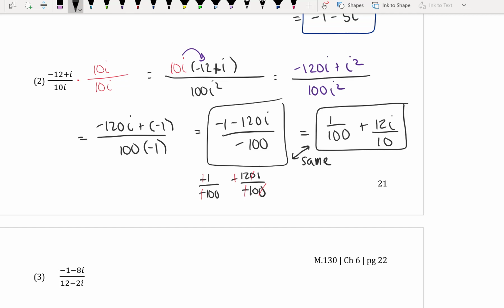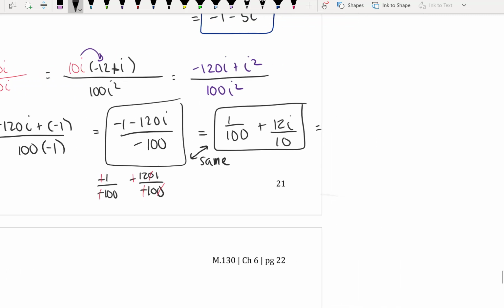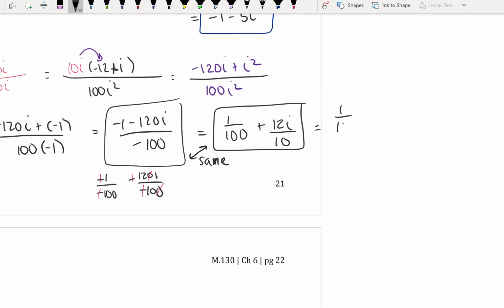But that can actually be simplified. Oh, good thing I checked my answer, right? I got too happy when I was separating it. So 120 divided by 100 really gives you the fraction of 6 over 5. So I'm going to say this is 1 over 100 plus my 6i over my 5. There. And this is the most simplified.